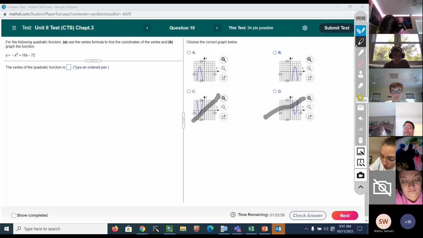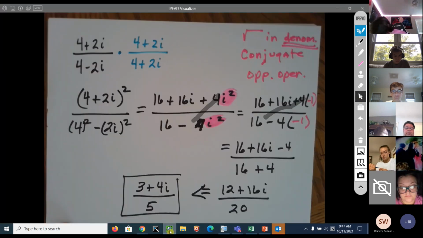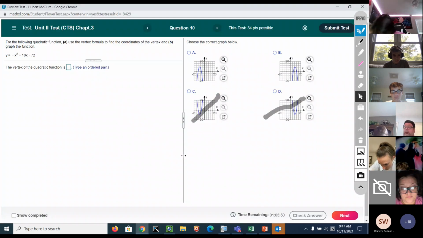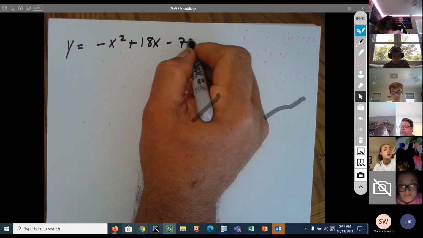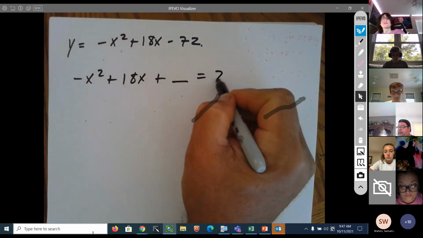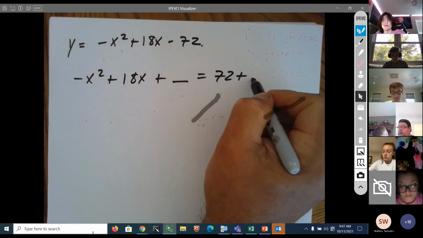Turn this off. Oh me, where am I? There I am. Okay. Turn this on. Well, I got to copy down the question first. All right, y equals negative x squared plus 18x minus 72. And I'm going to do negative x squared plus 18x plus blank equals 72 plus blank.